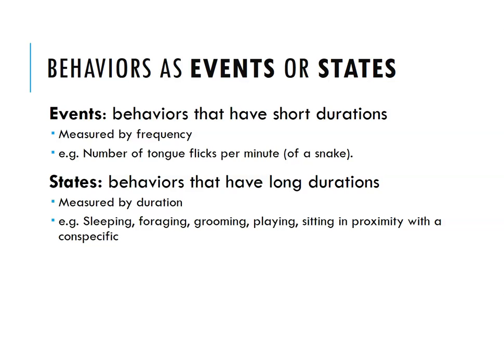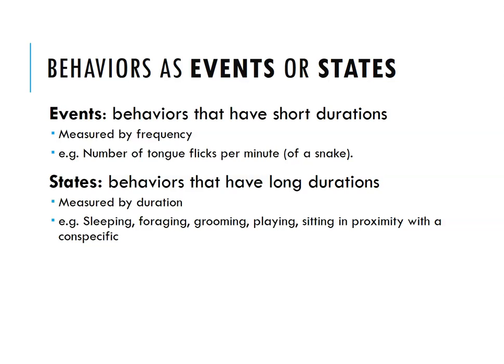States, on the other hand, are behaviors that have longer durations. They're prolonged, and so to measure them as events may not be as informative as measuring them as states. So things like sleeping or foraging or grooming or playing or sitting in proximity to someone else, you might want to have a good measure of how long that is happening.